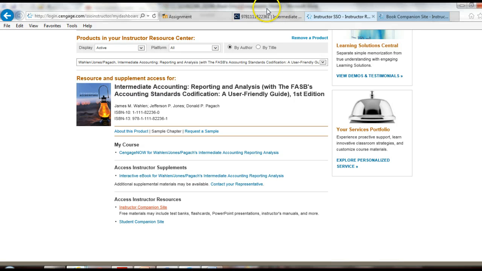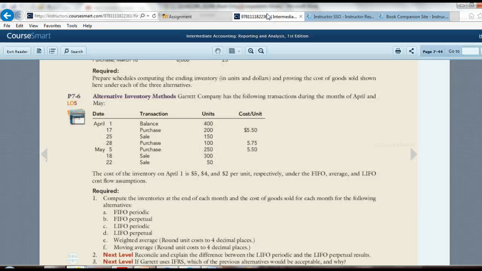So as we can look over here at FIFO perpetual, under FIFO perpetual we're going to keep a continual account of our cost of goods sold. So we know we had a balance here of 400. We have a purchase here of another 200.